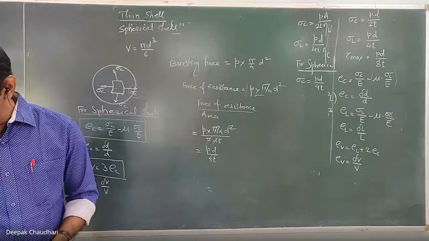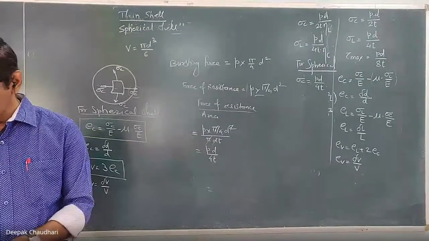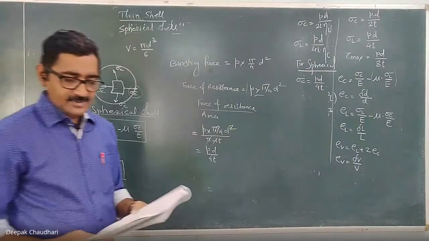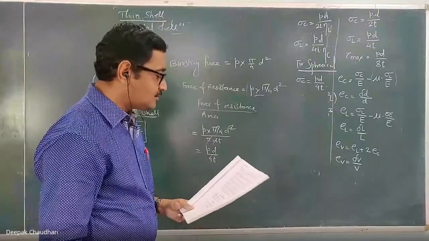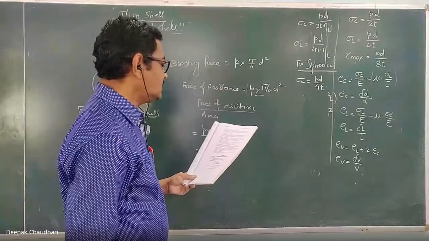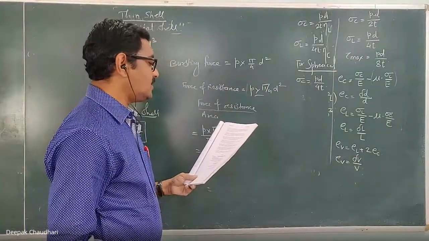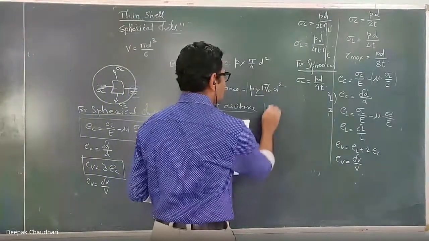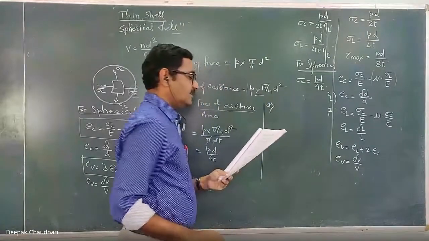No, sir. Okay. Now for spherical shell, here I'll write down the data only. Here you solve the question at your home. This question is question number 9, sum number 9 from our question bank. Here data is given.